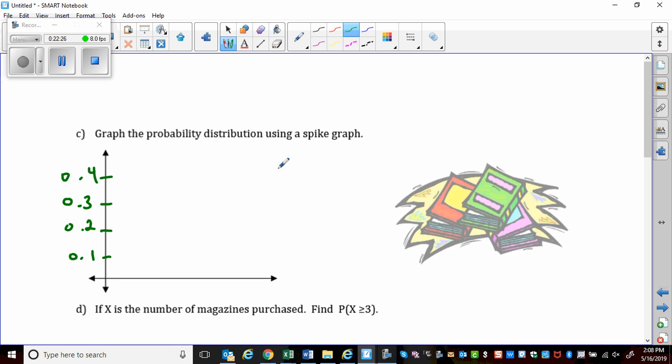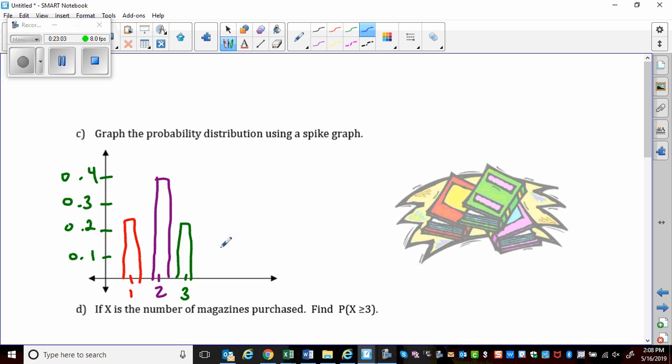The people who purchased 1 magazine was 0.23. So maybe like right here. The people who purchased 2 magazines was 0.38. So almost 4. The people who purchased 3 magazines was 0.21, so a little bit over 2.